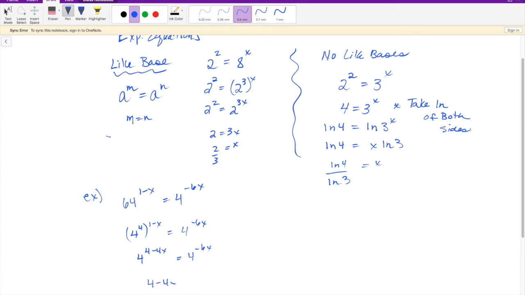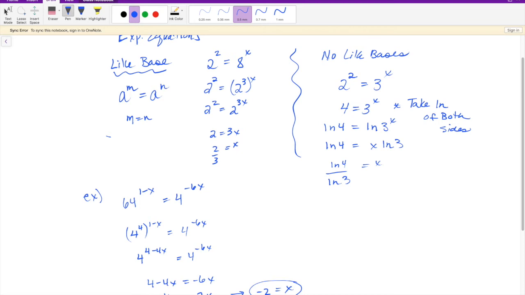Now I can set the exponents equal to each other. So 4 minus 4x is equal to negative 6x. So adding 4x, 4 is equal to negative 6x plus 4x, which is negative 2x. So x is equal to negative 2. So there we go.